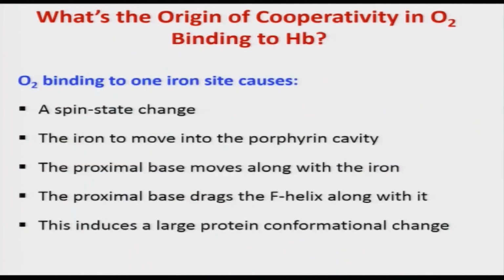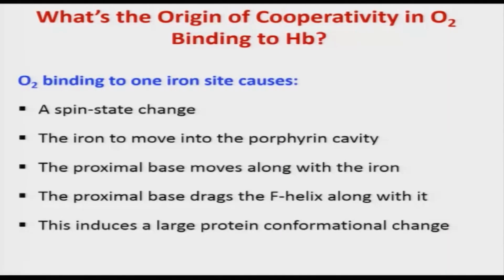The question is, what is the origin of the cooperativity in dioxygen binding to hemoglobin? Dioxygen binding to one iron site causes, first, a spin state change converting high spin to low spin. The iron moves into the porphyrin cavity in oxyhemoglobin. The proximal base moves along with the iron.